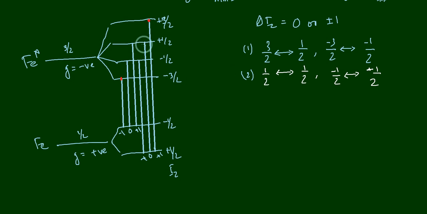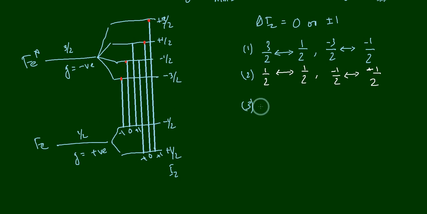So 1 by 2, 1 by 2 is this one, let me mark it. And minus 1 by 2, minus 1 by 2 is this one. So I picked these two, just right to this, just left to this, and just right to this. And the third pair is this one.